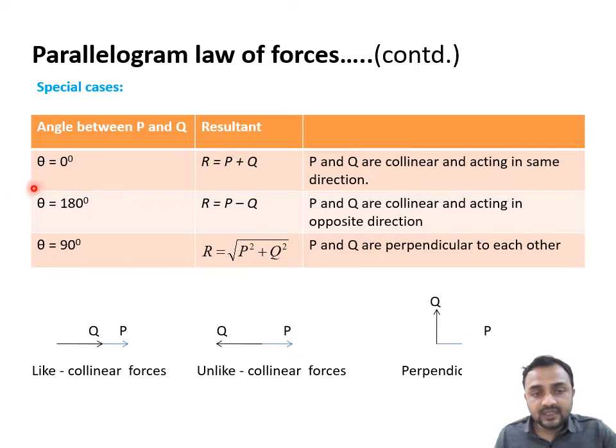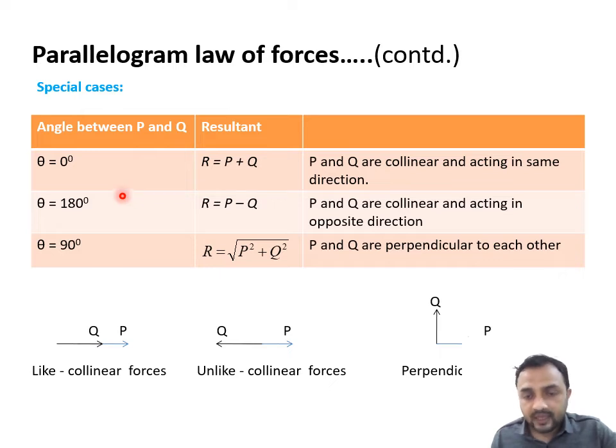If the angle between the two forces is 180 degrees, then R equals P minus Q. The same formula we have to apply with theta equal to 180 degrees. So what is the formula? The magnitude of the resultant, R equals root over P square plus Q square plus 2PQ cos theta.